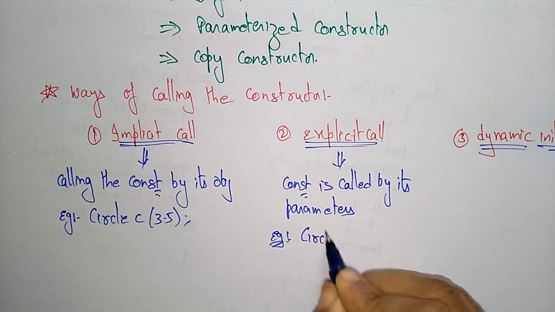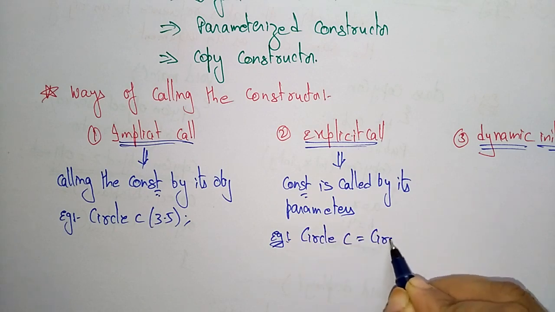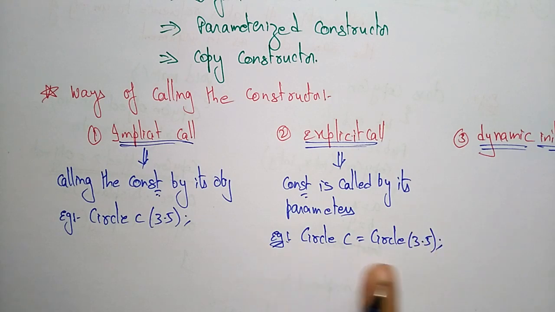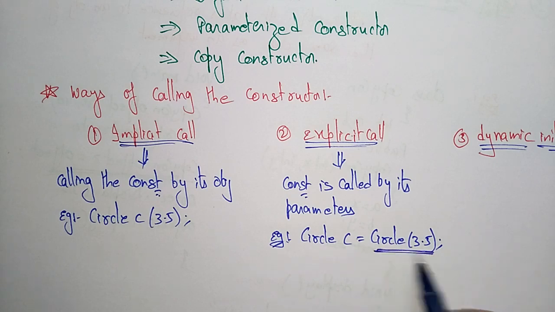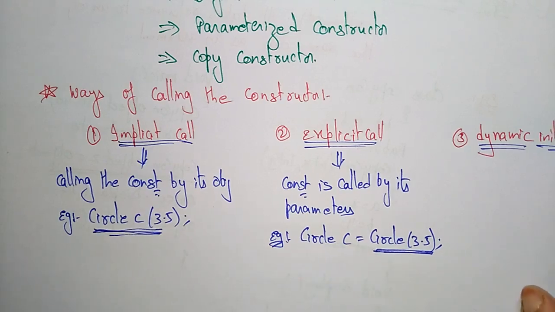Here Circle is the class name, C is the object, equal to Circle(3.5). Here the constructor is called by its parameters. So if the constructor is called by its parameter, then you call it an explicit call. Here the implicit one is written simply, and this is the explicit.